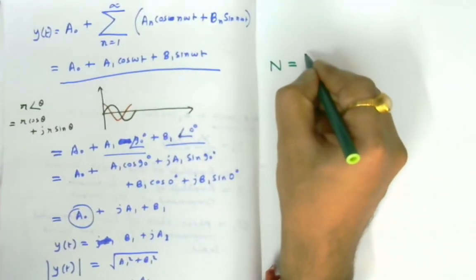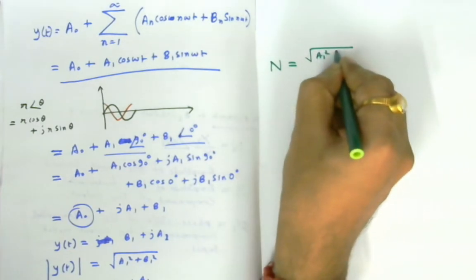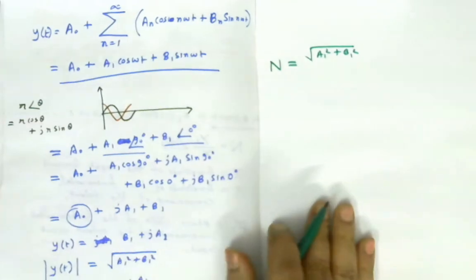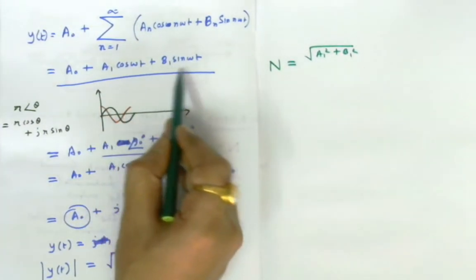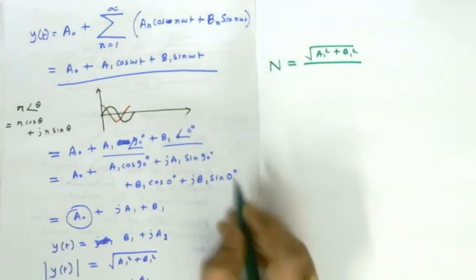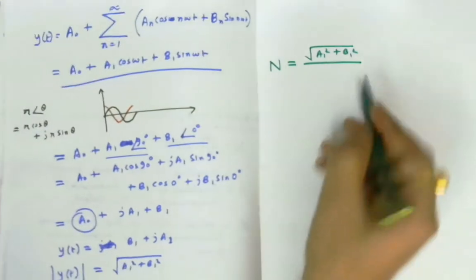So the amplitude of the output fundamental component is root over a1 square plus b1 square, because the describing function requires only the fundamental component. That's why we have to keep a1 cos omega t plus b1 sin omega t. And the amplitude of the input sinusoid is given to you already, capital X.